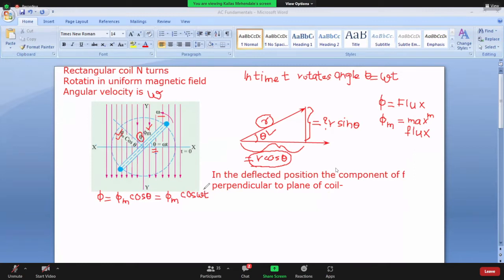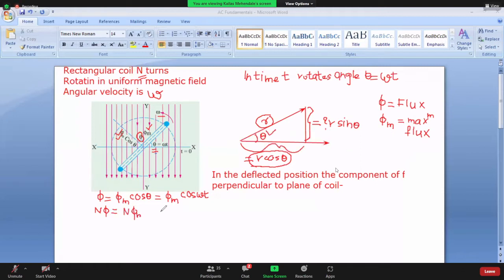Now, because there are n number of turns, the flux linked at any time is n into phi m cos omega t. Bring down the derivation.